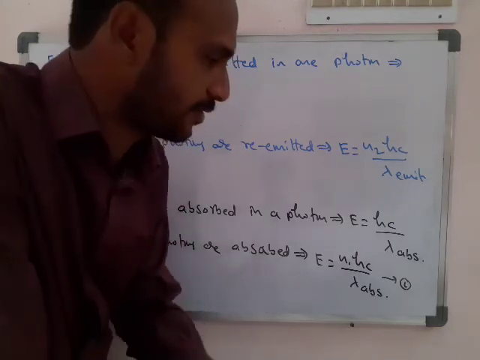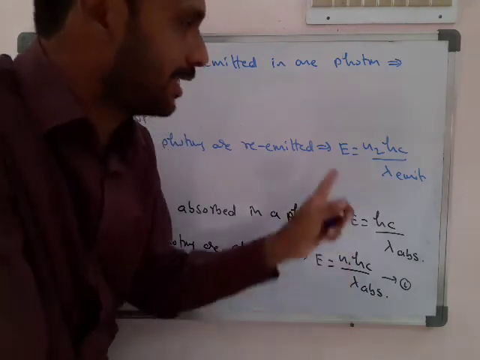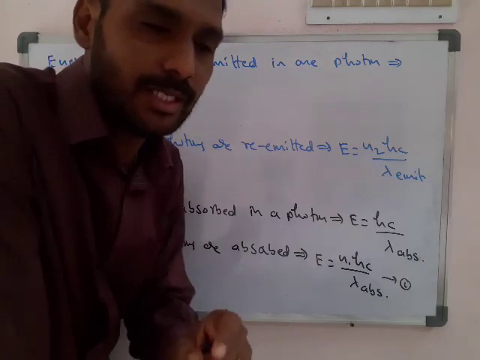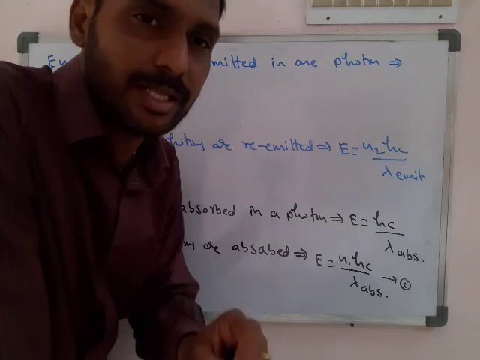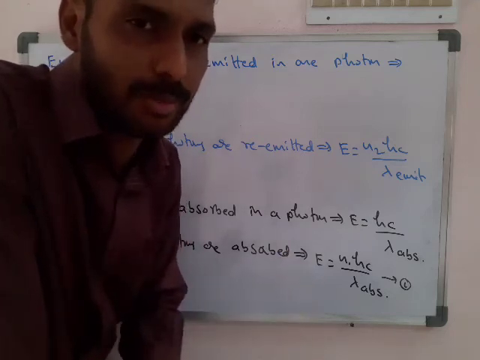So now in the form of equations, we know the energy of absorbed light and the energy of emitted light. The information given is that the energy of emitted light is nothing but 47% of the absorbed light.